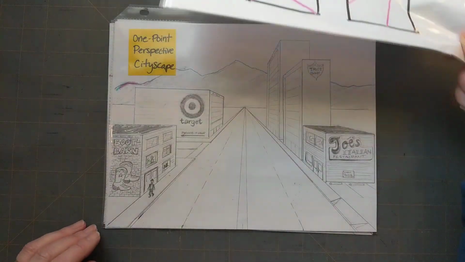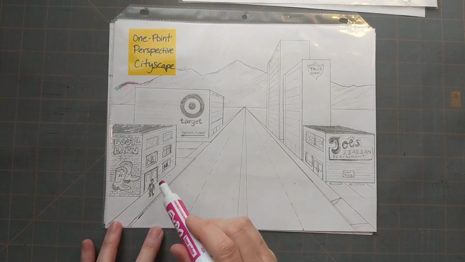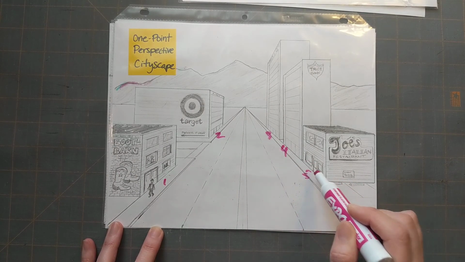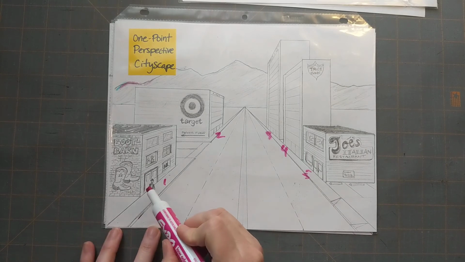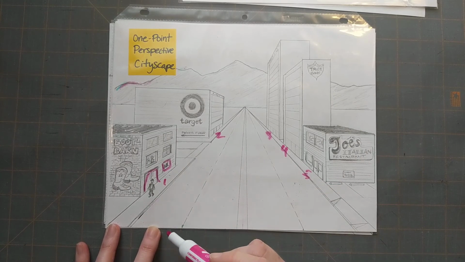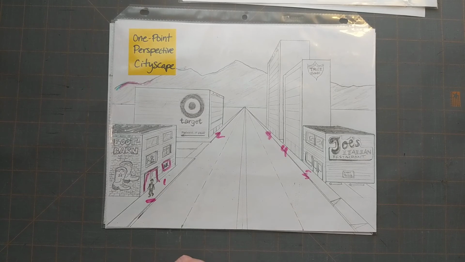And let's talk about the other requirements for this drawing. There has to be 5 buildings. 1, 2, 3, 4, 5. Okay, you need to have 5 buildings. You need to have doors and windows on your buildings. You need to have a person, 1 person walking on the street or the sidewalk, and at least 5 techniques to show the illusion of space.